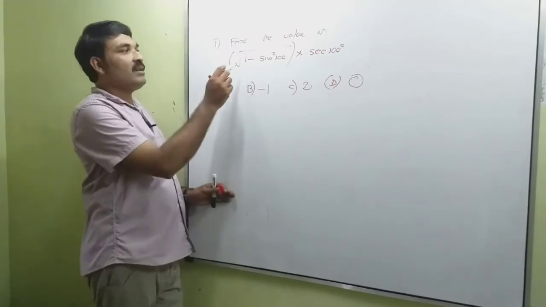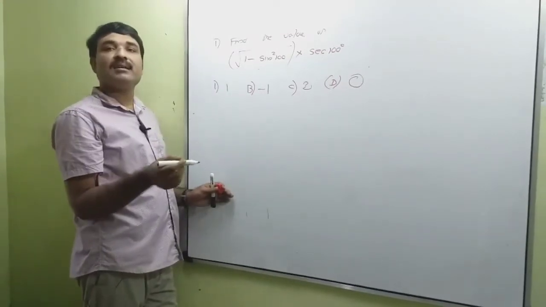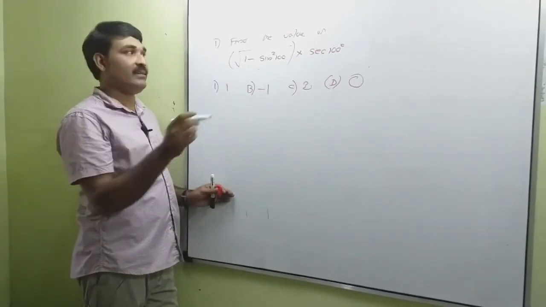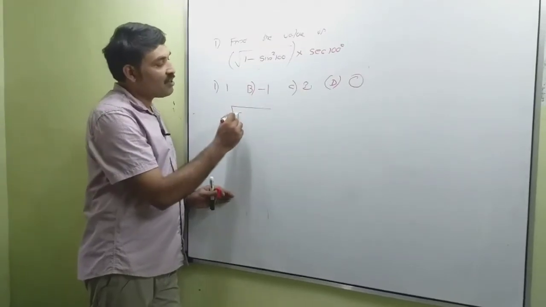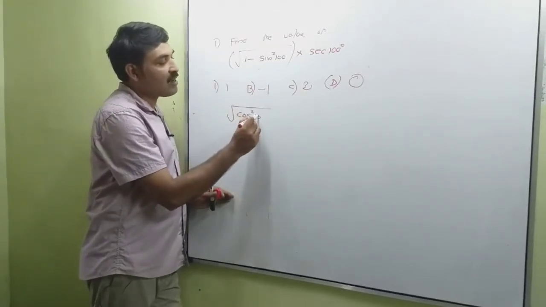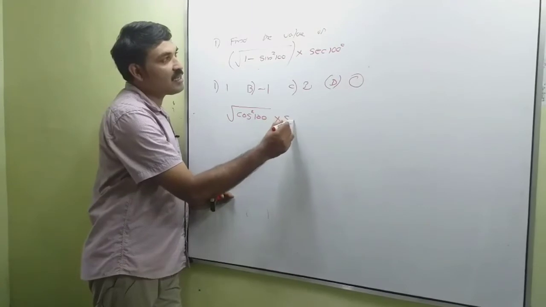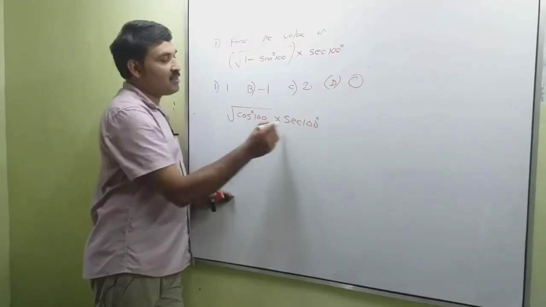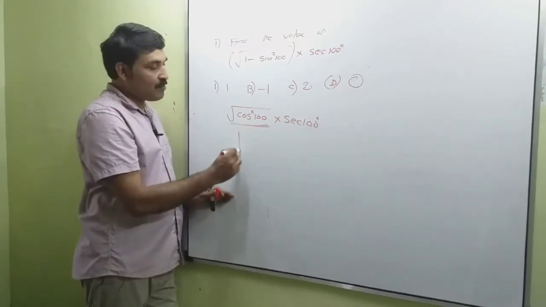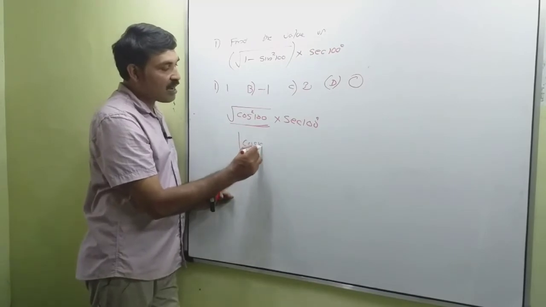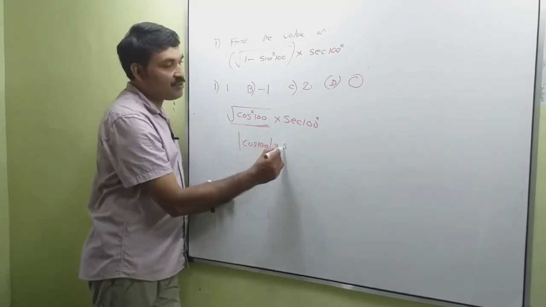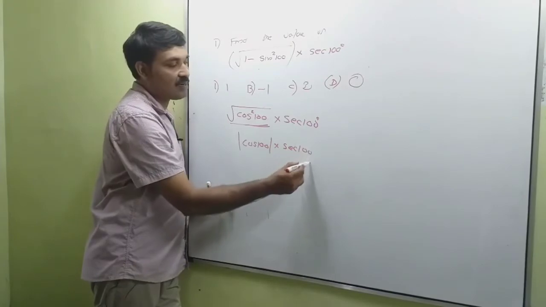Now we know that 1 minus sine square theta is equal to cos square theta. So square root of cos square 100 into secant 100. Square root of cos square 100 means mod of cos 100 into secant of 100.